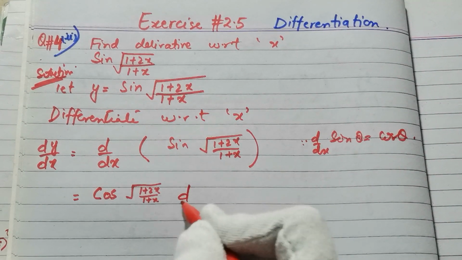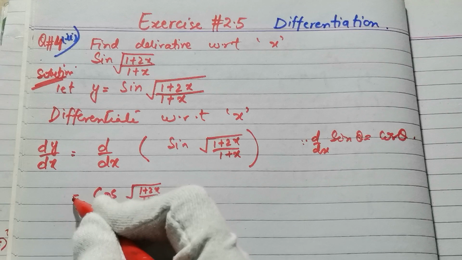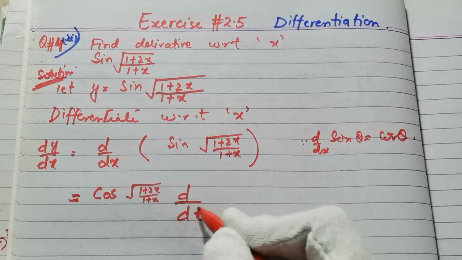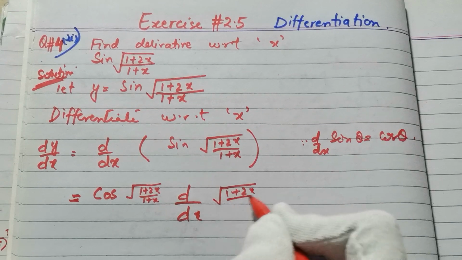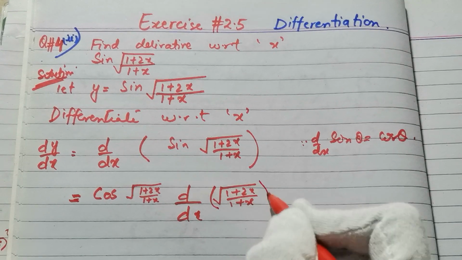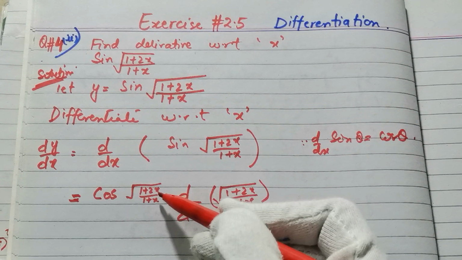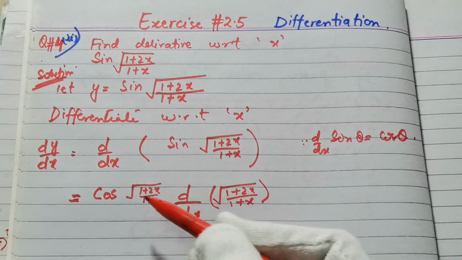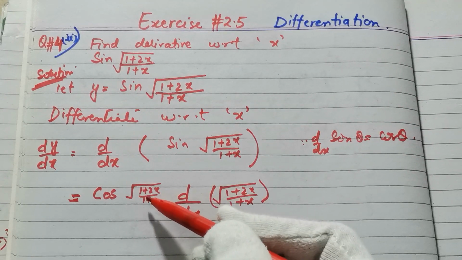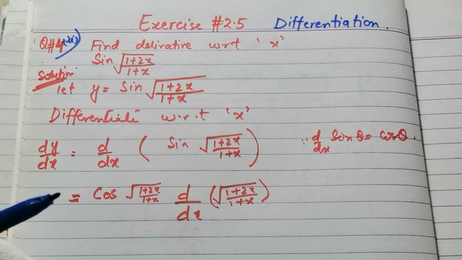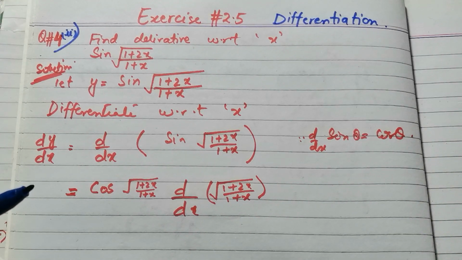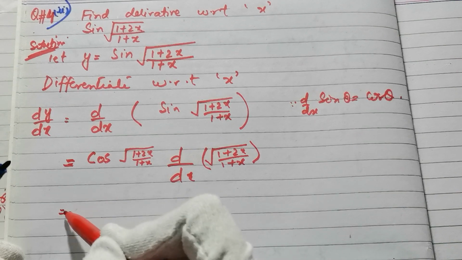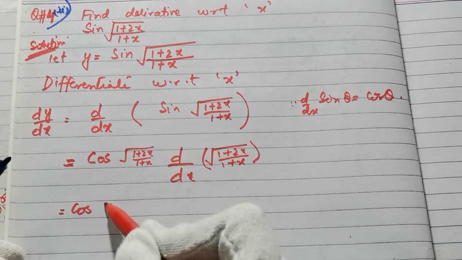Now differentiate d by dx of theta, where theta is (1 plus 2x) divided by (1 plus x). This is not a simple x, so we will take the derivative of this theta. We write cos theta as it is.